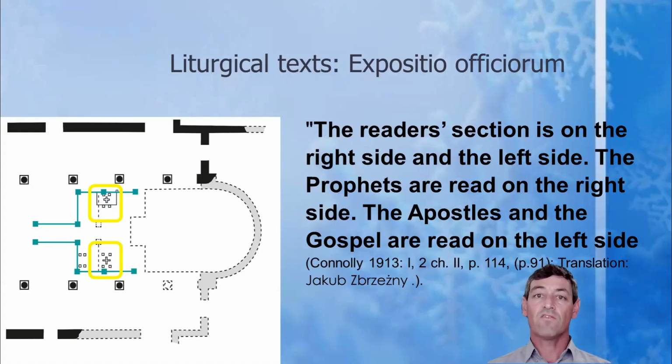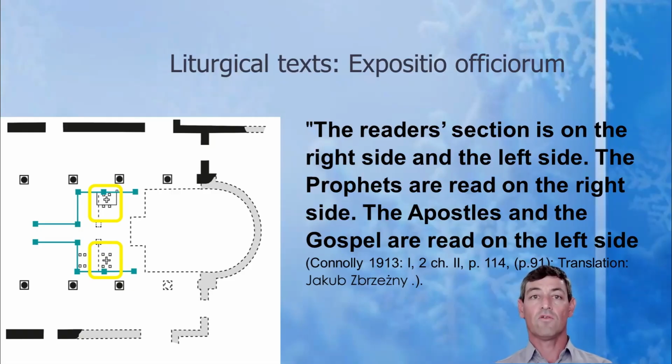Now, religious, liturgical texts from Syria are not very common, but anything related to the liturgy itself, how did it operate, and specifically how does it relate to the architecture of the church, is very, very rare. We are fortunate to have this source, which is Expositio Officiorum, dated to the 7th to 9th centuries.